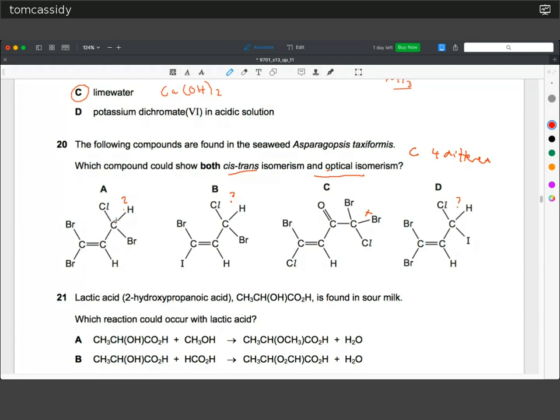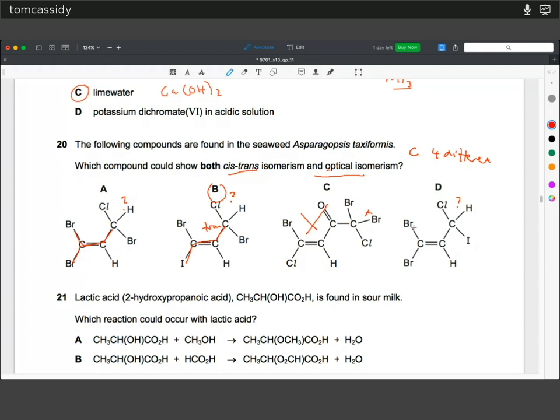So then you've got to start looking at the cis-trans isomerism. So we know that one's out. And here you've got identical bromine atoms on that carbon there. So the only thing that really has trans isomerism, where you've got a difference going that way, because that's trans, is this one here, B. Because, okay, you've got that there, but you've also got that there.